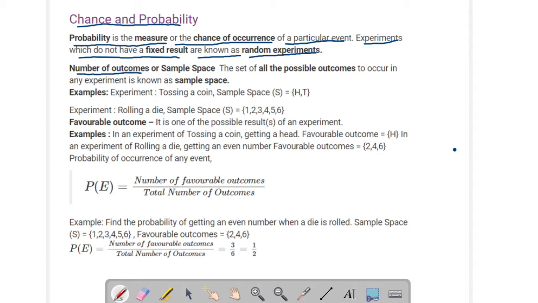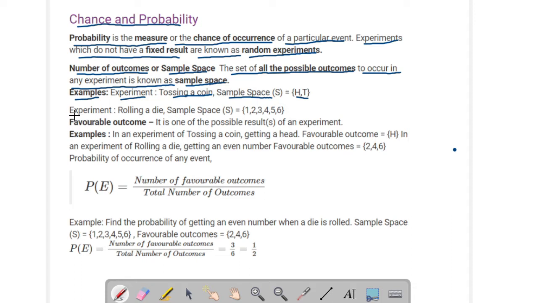Number of outcomes or sample space: the set of all possible outcomes to occur in any experiment is known as the sample space. For example, the experiment is tossing a coin. The sample space is head or tail. If we toss a coin, it will come head or tail.